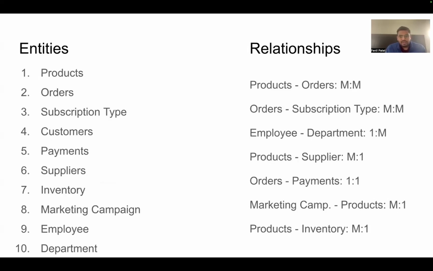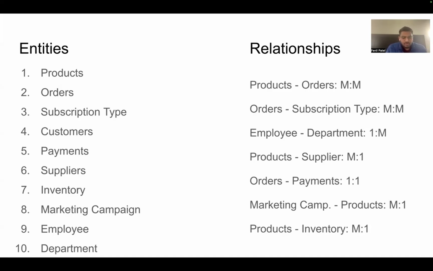Now, entities and relationship. Here is the backbone of our database, the entities and the relationships. These define how our data is organized and connected. We have 10 main entities for our database: products, orders, subscription types, customers, payments, suppliers, inventory, marketing campaign, employee, and department.